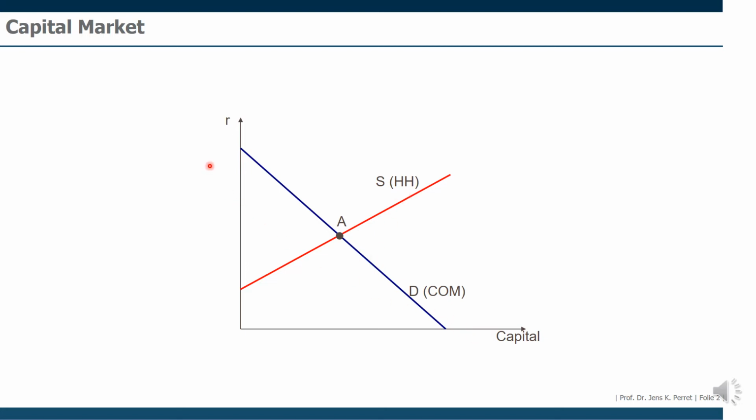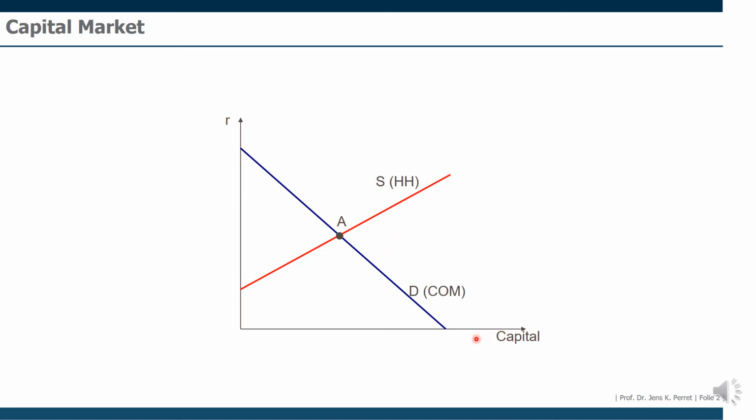And the demand results from the companies taking credits to finance their investments. So here, as compared to the classical goods market, the roles are reversed. The supply is the households, the demand is the companies or firms. That's the main important aspect regarding supply and demand.